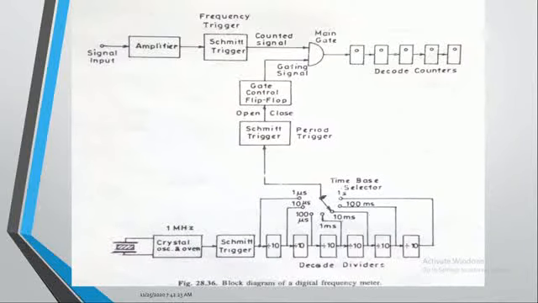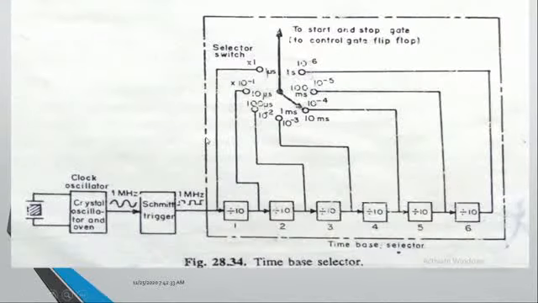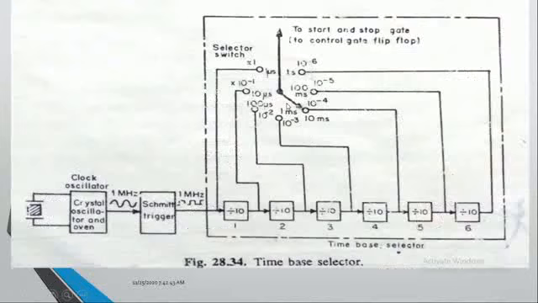But you are supposed to give a clear explanation. We do not have the complete explanation about this particular block, so that's why you are supposed to draw these three diagrams especially. If you do not have the time, you can skip this one, but these three diagrams and the theory part play a major role in the exam. So this is all about your digital frequency meter.